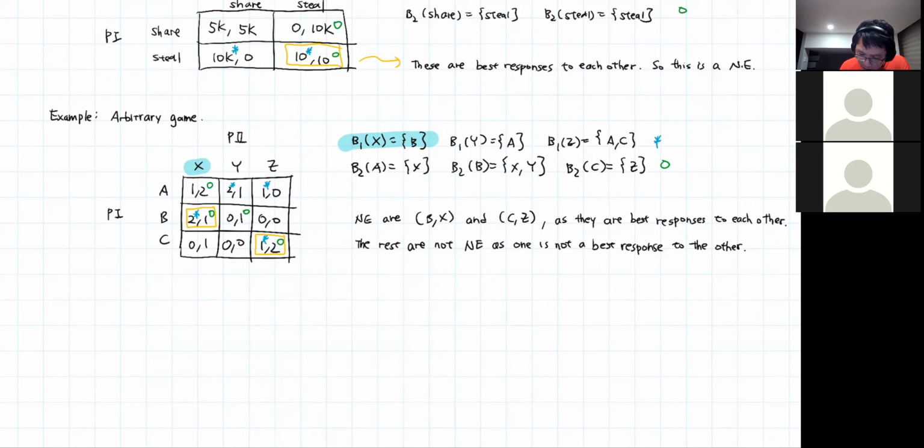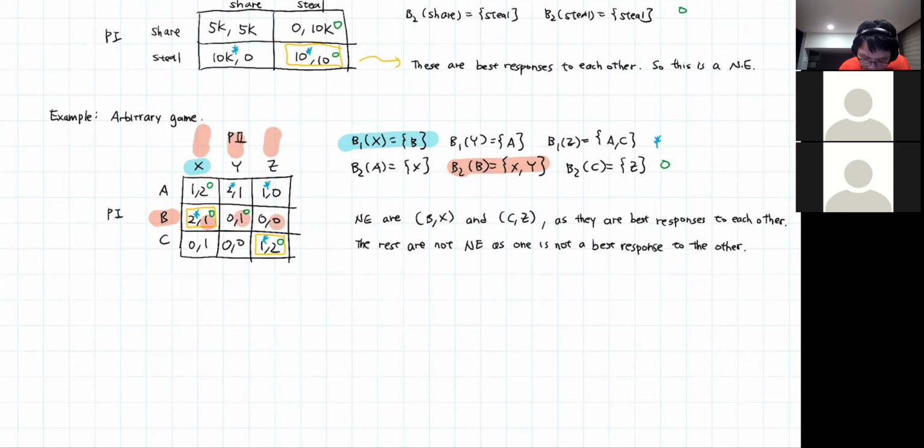And let's look at this one, when player 1 plays B, what happens to player 2? What are the possible best responses from player 2? When player 1 plays B and player 2 plays X, it gets 1. When it plays Y, it gets 1.